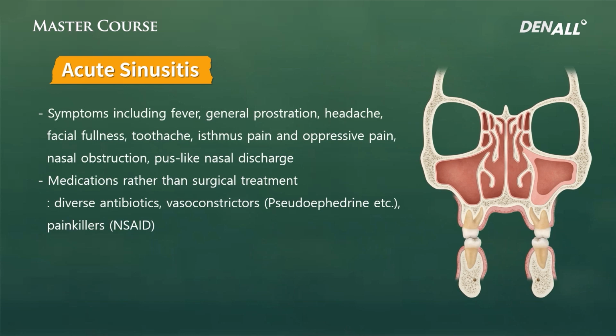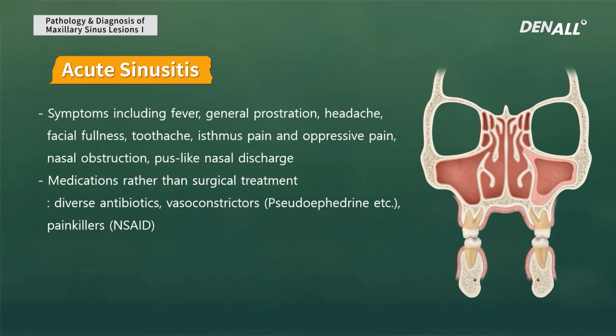In general, before we provide surgical treatment in treating acute sinusitis, we need to prescribe medication. We need to include antibiotics, and if the maxillary ostium is blocked, you need to use a vasoconstrictor such as pseudoephedrine.